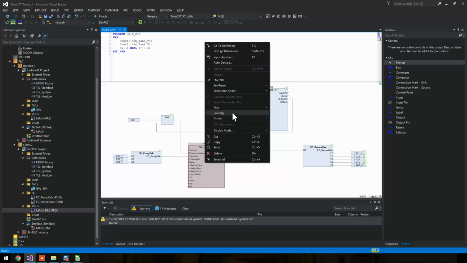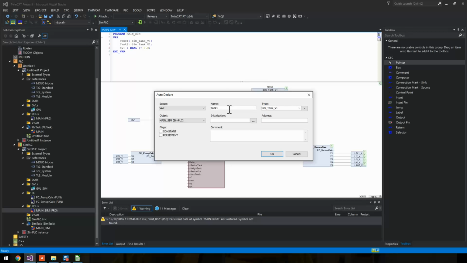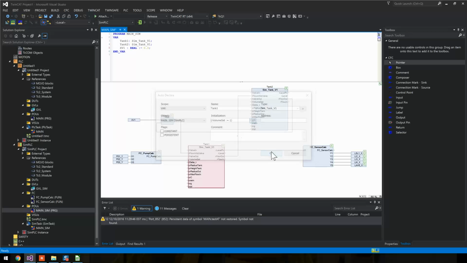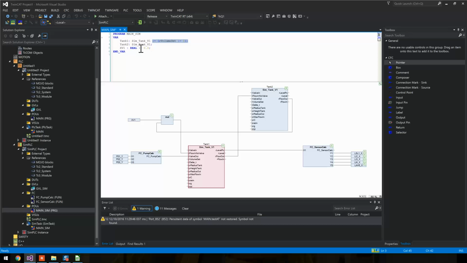Let's see if we can initialize something other than 0. Let's try and put it at 1. And let's do the same for tank 2.